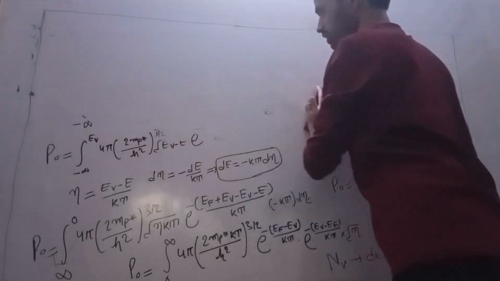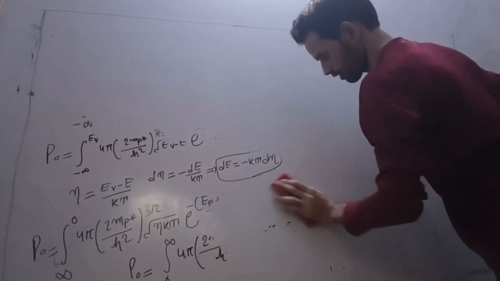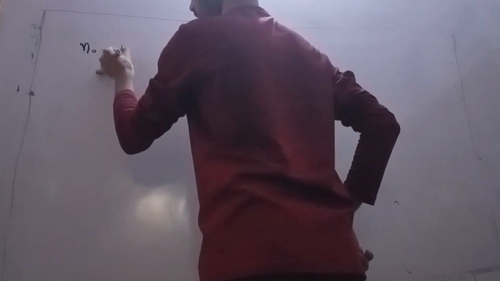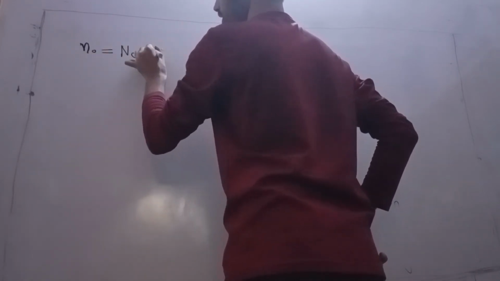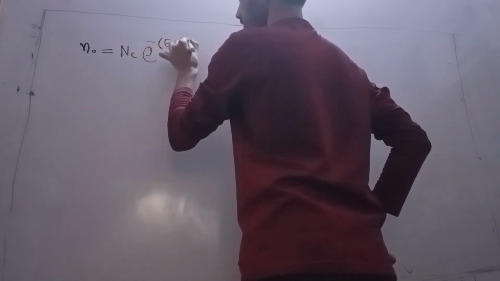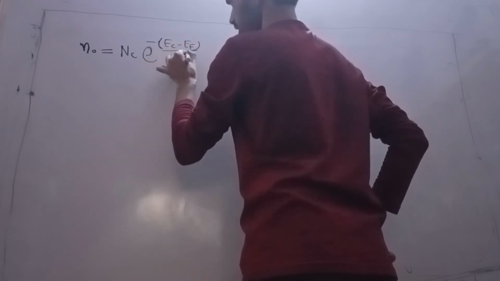The final conclusion from these two derivations: for electrons, N naught is equal to Nc e to the power minus (Ec minus Ef) by Kt.